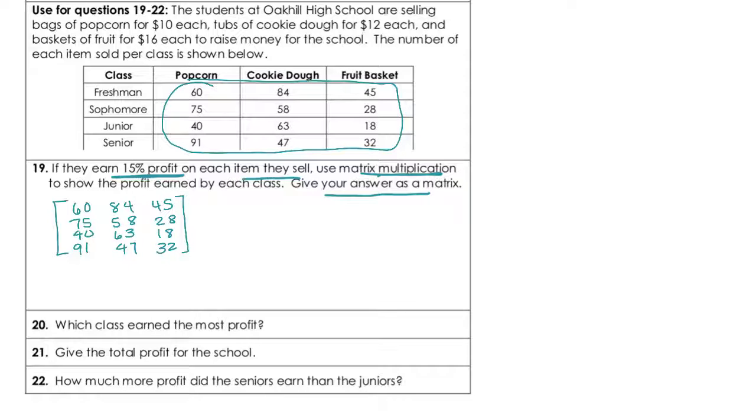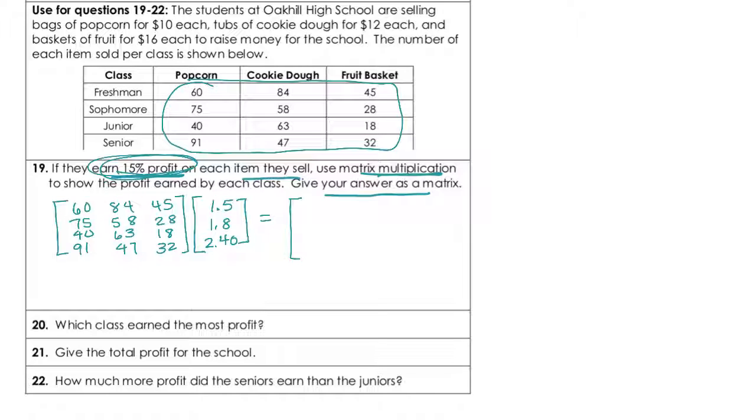So from that, we need to set up the matrix to show our 15% profit. So we need to take our price and multiply it by 0.15. And so that's going to give me 1.5, 1.8, and then 2.25, or 2.40, sorry. And when we do that multiplication, then we're going to get our total profit for each class.